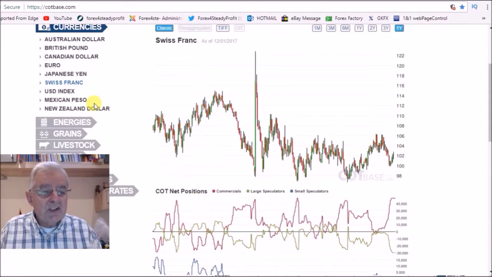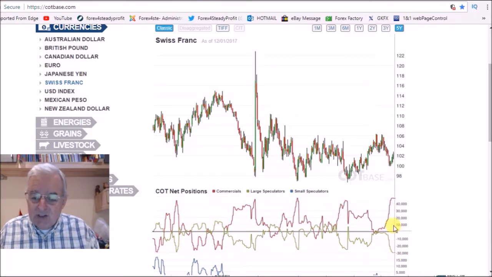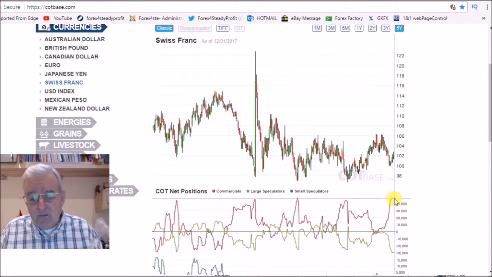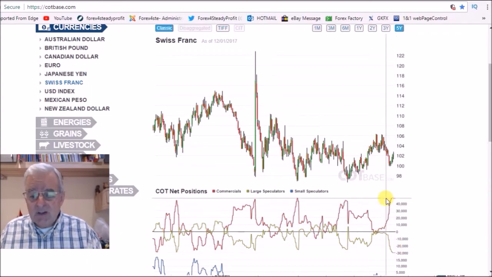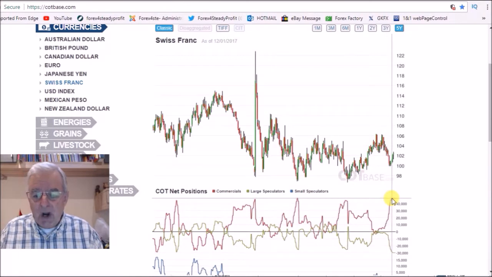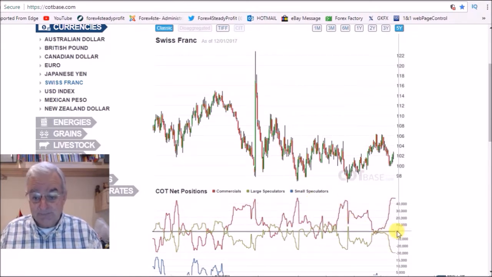Okay, so this is the Swiss franc, and this is a graph of the commercials, which are in red, and the speculators, which are in green. And as you see here on the graph, the commercials and the speculators have taken directly opposite positions. And as you can see, the commercials are at an extreme, an extreme long position.